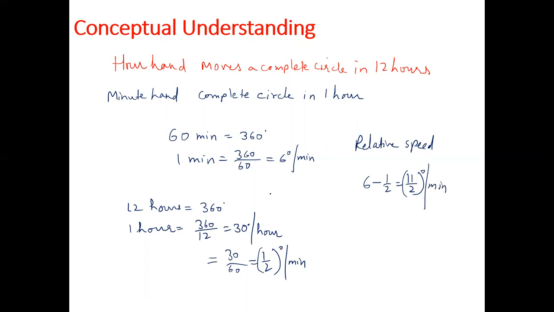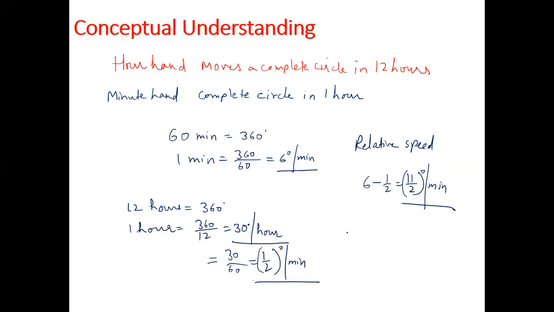Now using these values, 6 degrees per minute, half degree per minute, 11 by 2 degrees per minute, and 30 degrees per hour, we can create a formula to find the angle between the two hands. The hour hand completes a particular hour, for example, it reaches 4 o'clock.